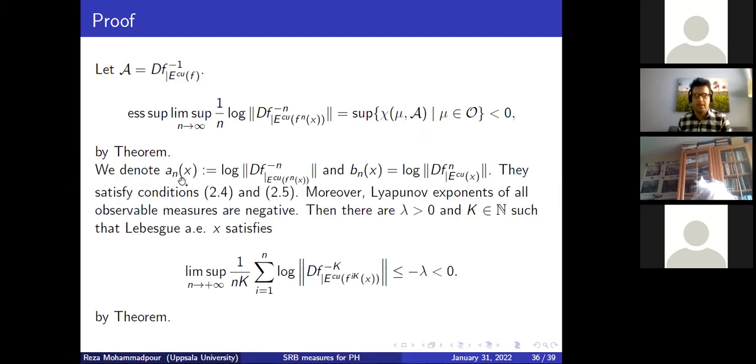Then consider a_n, the log of the derivative of f to the power minus n restricted to E^cu, and b_n, the log of df^n restricted to E^cu. Both satisfy the Tian condition. Moreover, we have a negative Lyapunov exponent for all observable measures. Then the result follows from Tian's theorem. So the main point was to prove the relation between the positive Lebesgue measure set and observable measures. This result.